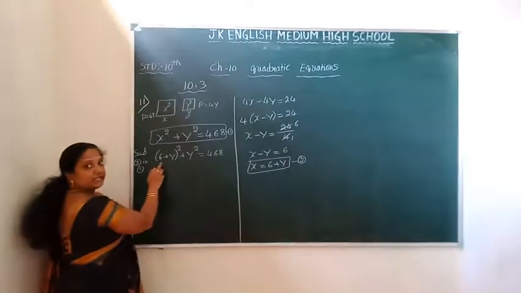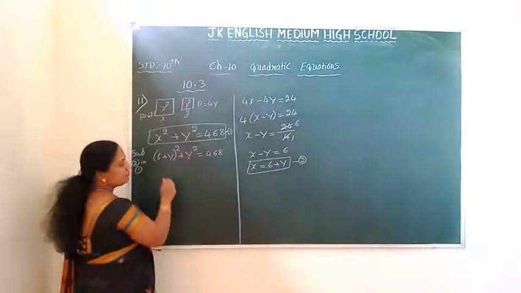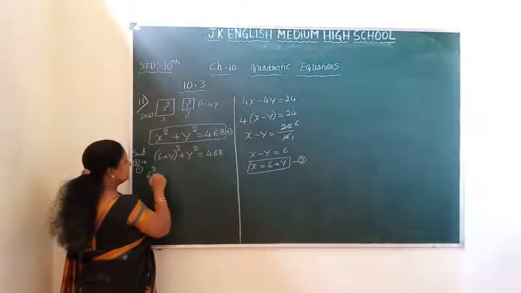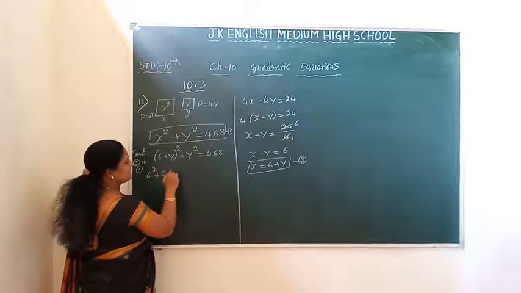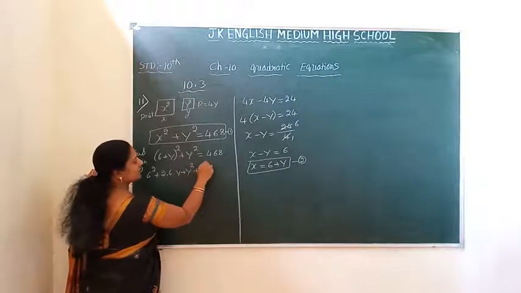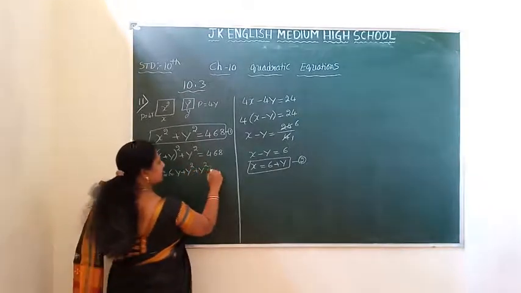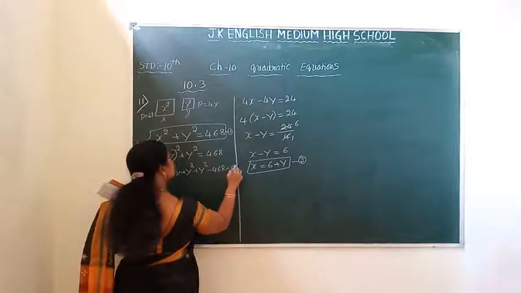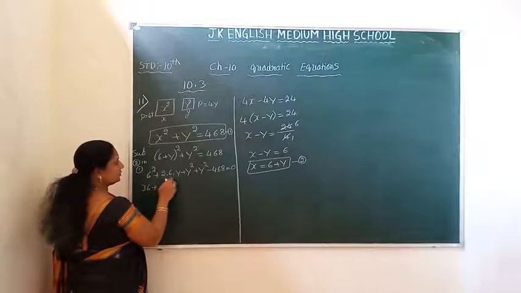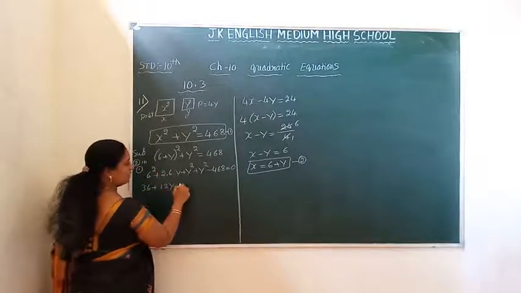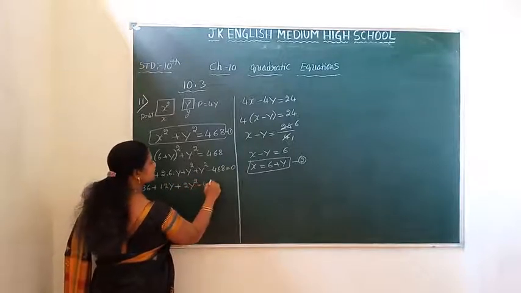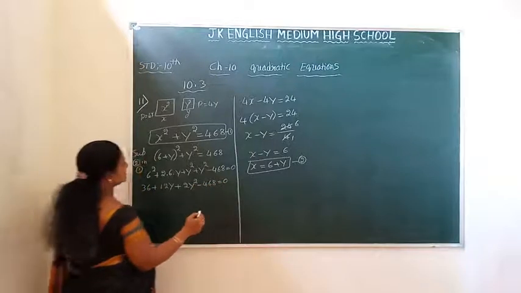This is according to the identity a plus b whole square. The expansion of a plus b whole square is a square plus 2ab plus b square. Here a means 6, b means y, so 6 plus y whole square plus y square. You can take it this side, minus 468, equal to 0. 6 square is 36, plus 2 sixes are 12y, plus y square, plus y square is 2y square, minus 468, equal to 0.